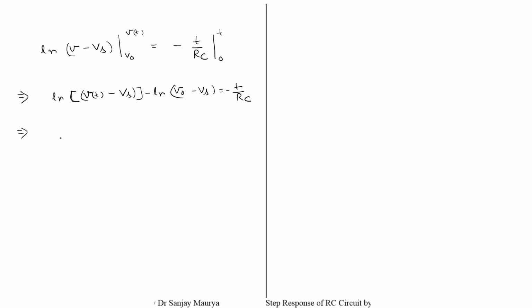So after further simplifying, I can get natural log of (V(t) minus Vs) over (V naught minus Vs) is equal to minus t by RC.